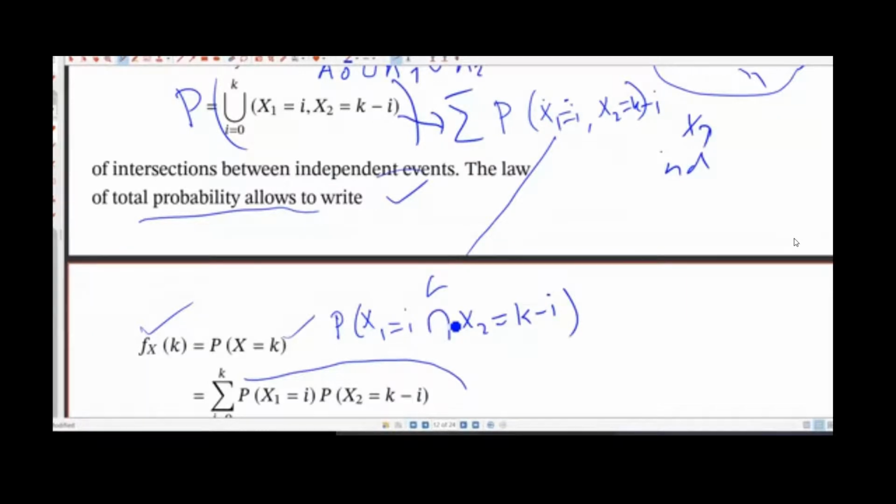Intersection, yeah. So intersection of two events. When can I write this as a product of these two probabilities? Product of x1 equals I and x2 equals k minus I. When can I do that? When x1 and x2 are.